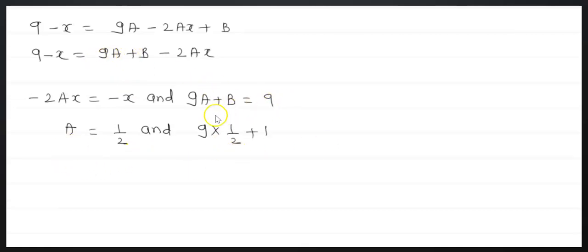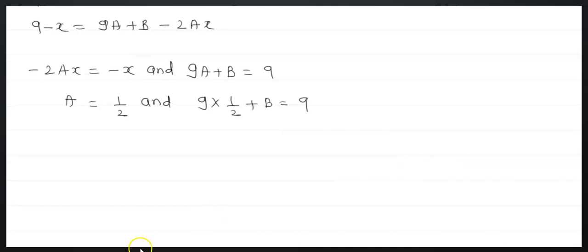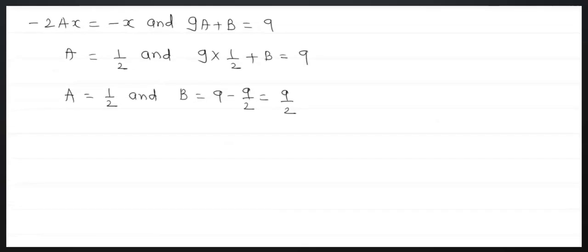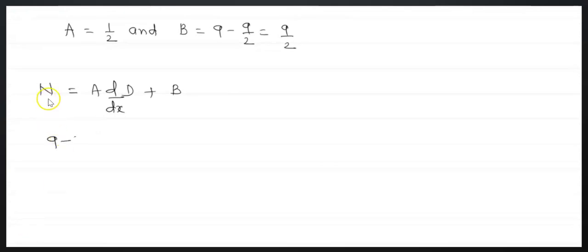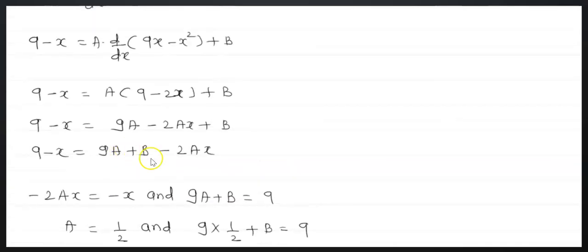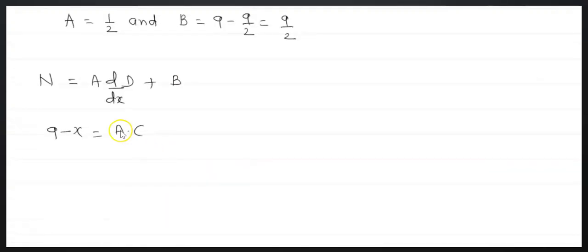Substitute the value of a, 1 upon 2, and you will get the value of b. b is equals to 9 minus 9 by 2, that is b is equals to 9 by 2. Therefore, numerator is equals to a into derivative of the denominator plus b. Substitute the value of a, which is 1 upon 2.